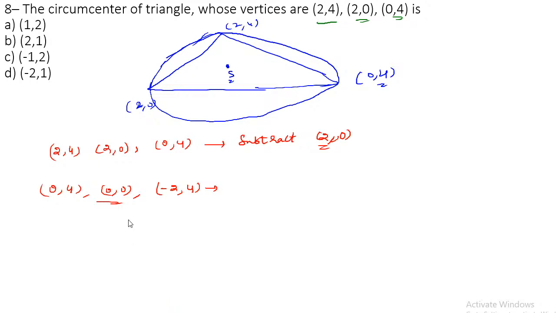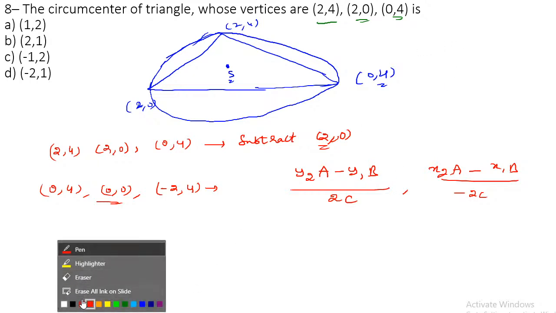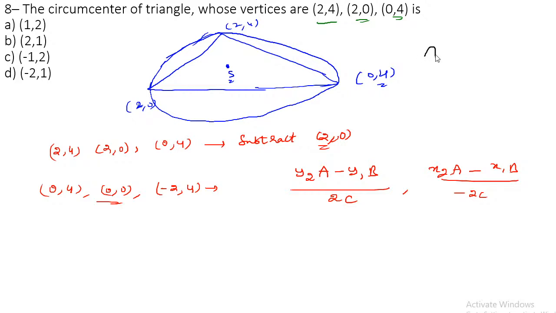So now let us use our formula. So the formula is y2a minus y1b by 2c, comma, x2a minus x1b by minus 2c. What is a, b and c? It is very simple.